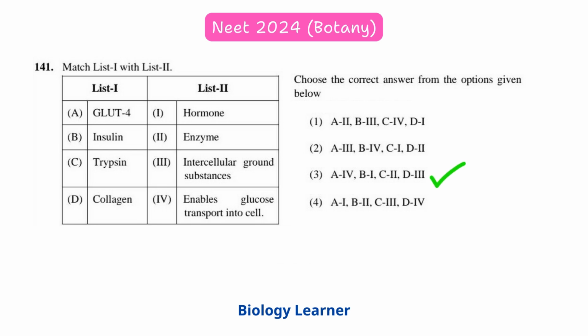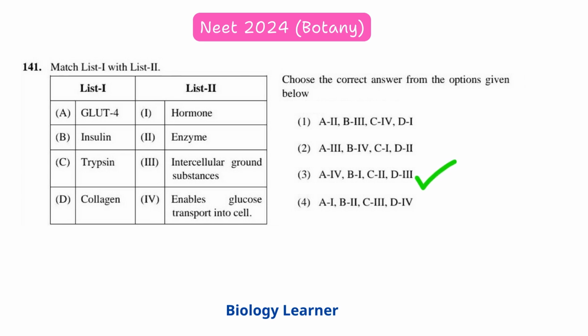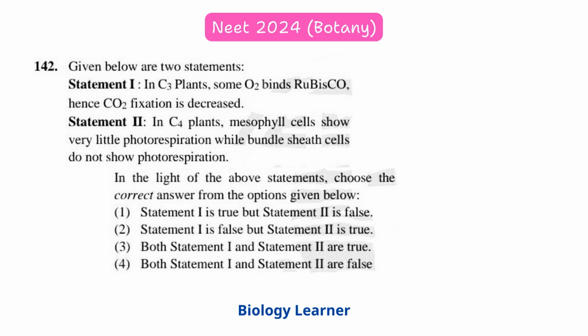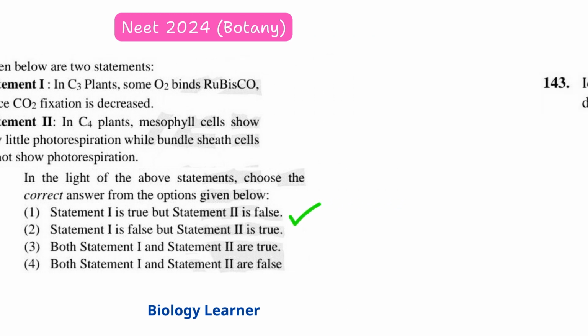The correct answer is option 3. A-4, B-1, C-2, D-3. In the light of these 2 statements, choose the correct answer from the options given below. Statement 1 is true, but statement 2 is false.